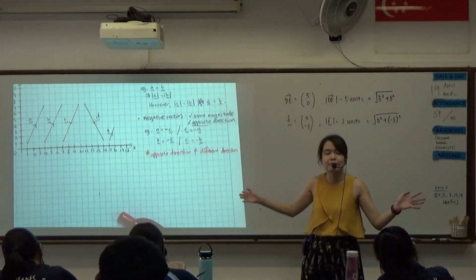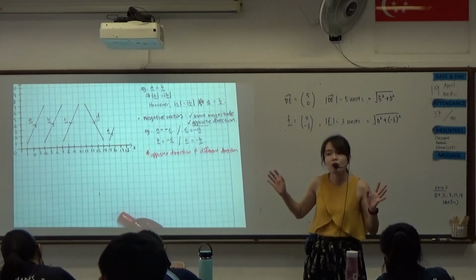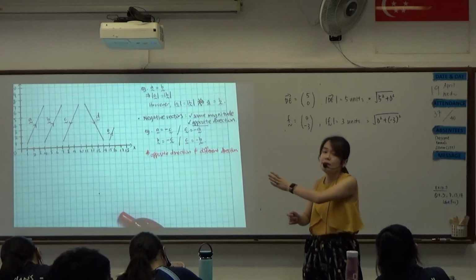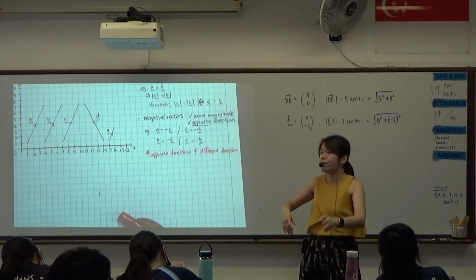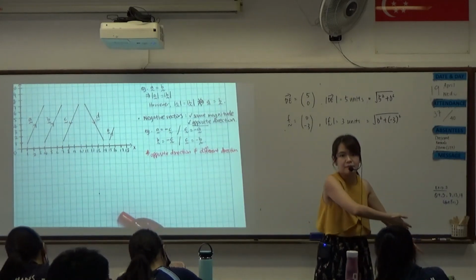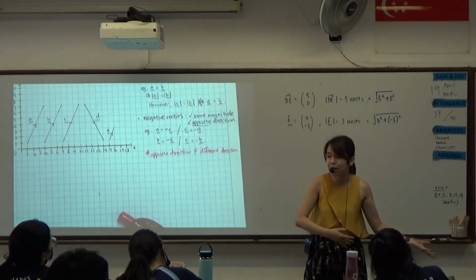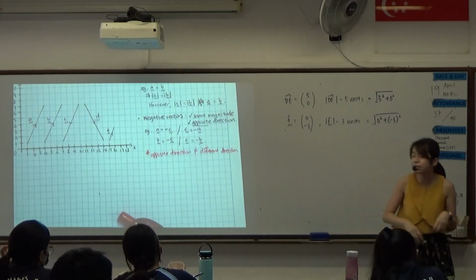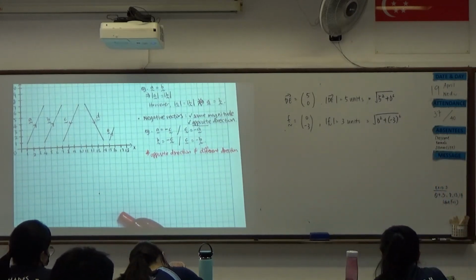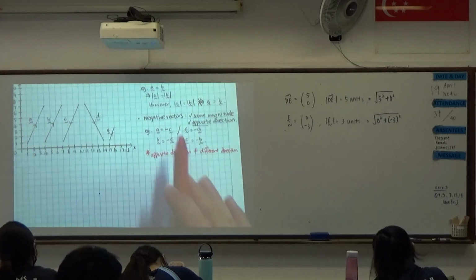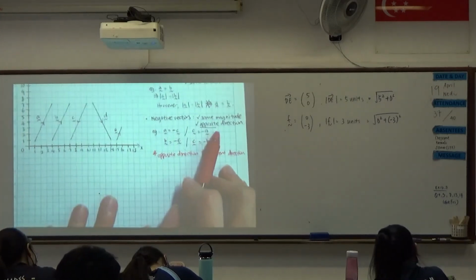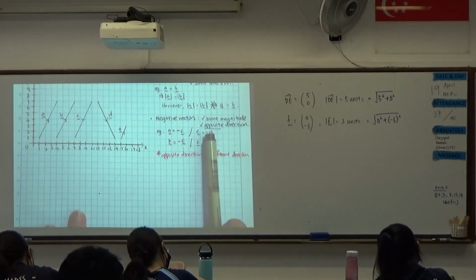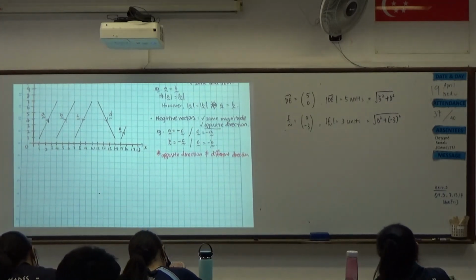Opposite directions, no doubt they are different. But then not all different directions mean that they are opposite. For example, maybe Xing Xuan turns to the left, but I just go backwards, back to my table over here. Then we are clearly going different directions, they are not opposite at all. So we need to be very clear that opposite and different imply different things. So when it comes to negative vectors, they go in opposite direction. That we have to be very precise.